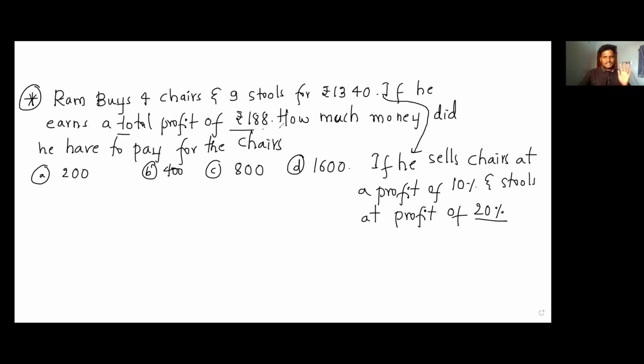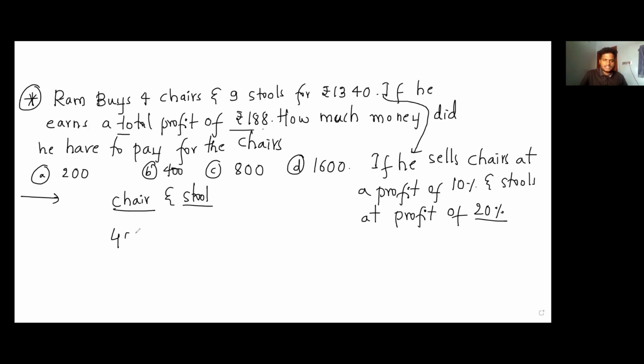Okay, so this is a new sum. I'll directly solve this. Understand how I'm solving this, then you can attempt the next one. We can choose any of the options. As I am finding out the difference between chair and stool, chair will be a little costlier compared to stool, yes or no? Chair is a bigger entity, stool is a smaller entity. So I'll take 400 for all the chairs.